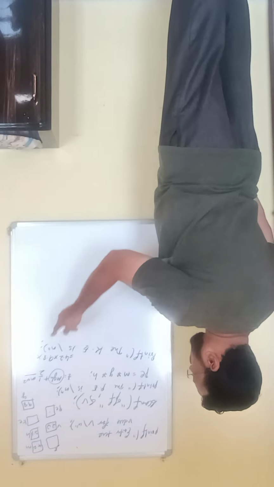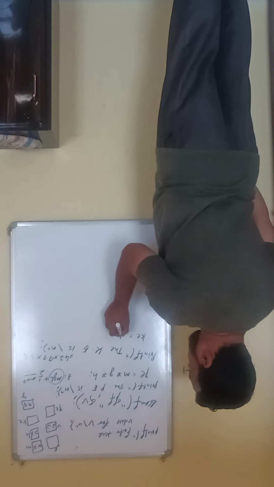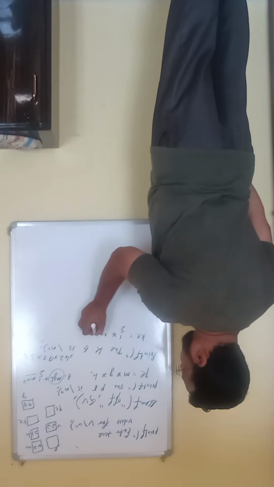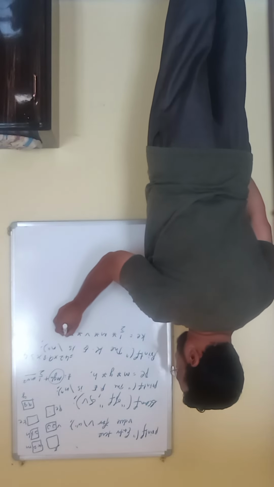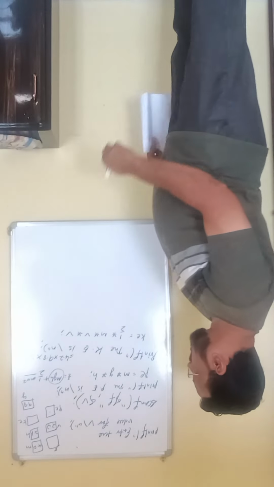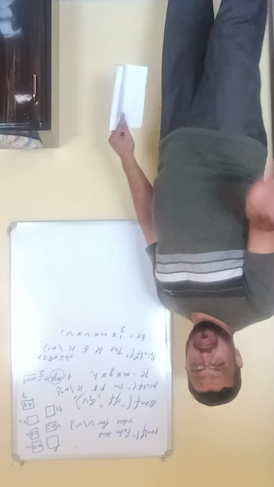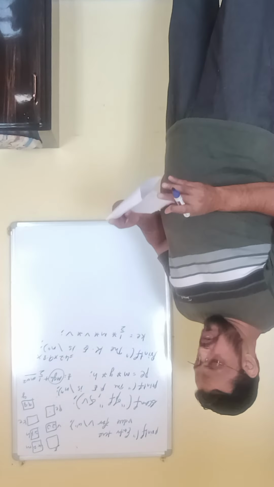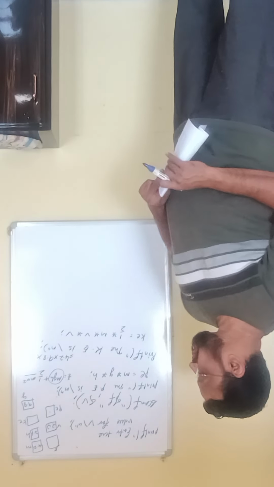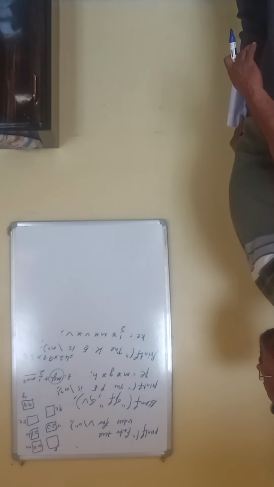So kinetic energy, KE, what is that? Half into m into v into v. This is a simple way where you can write. If you want, you can use power and all that mathematically, but this will also do: half into m into v into v.